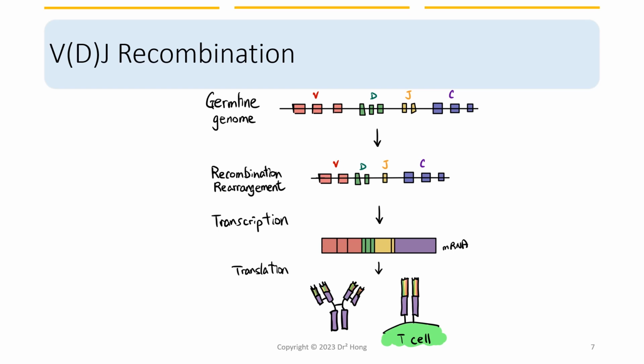Through recombination and rearrangement, you take out some and add some and generate a different piece of messenger RNA each time for new antigens, and that eventually gets translated into the variable, or antigen binding, regions of either the B cell receptors or the T cell receptors.